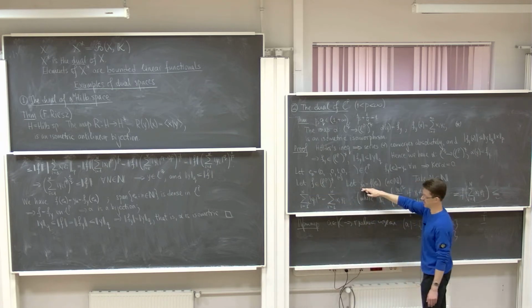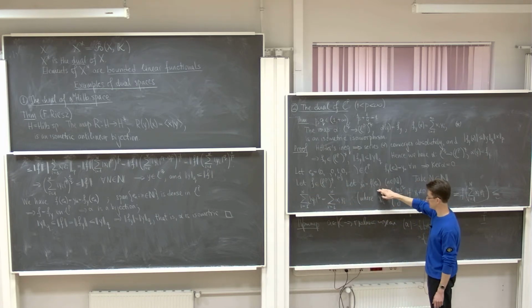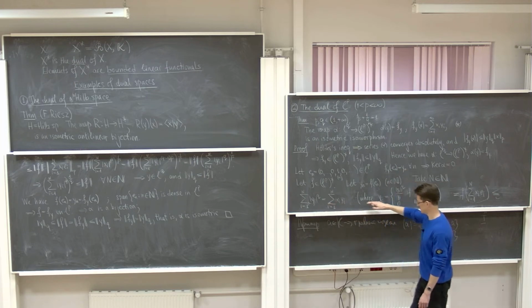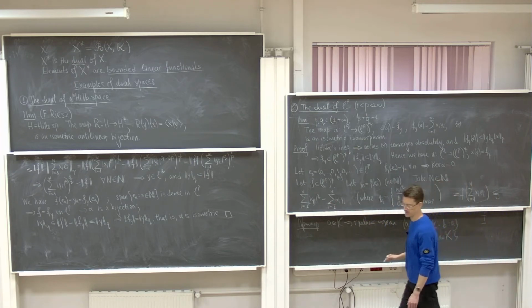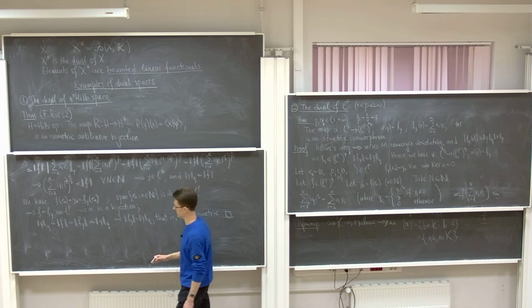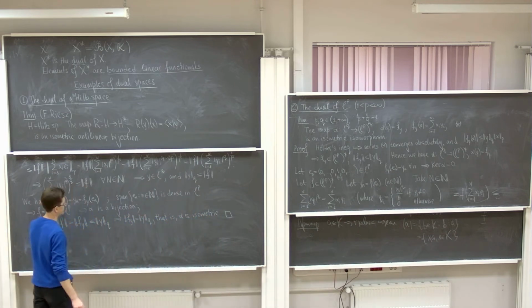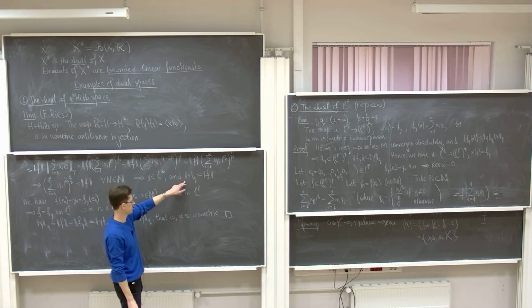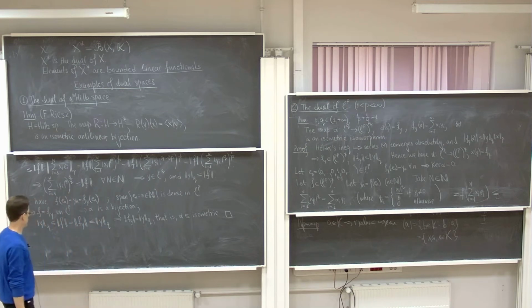Then we construct a sequence y in the following way. Then we prove by using this trick that y is actually an element of LQ. And eventually we use this argument to show that f equals fy. So alpha is bijective.